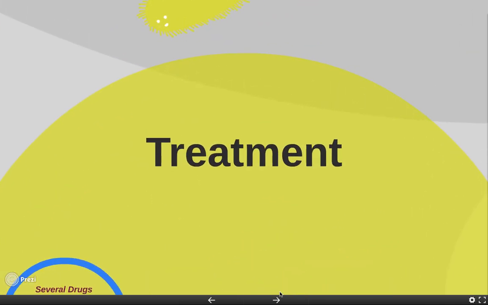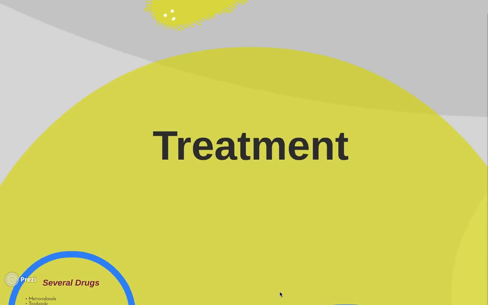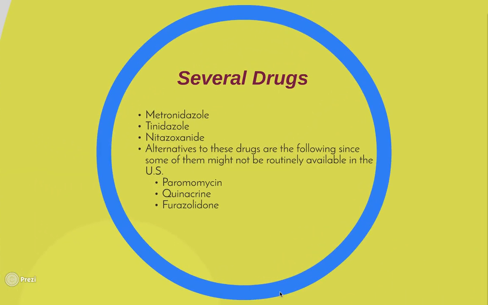And as far as treatment goes, we'll talk more about drugs and other forms of treatment. There are several drugs that can be used to treat it. The 3 main ones are metronidazole, tinidazole, and nitazoxanide.